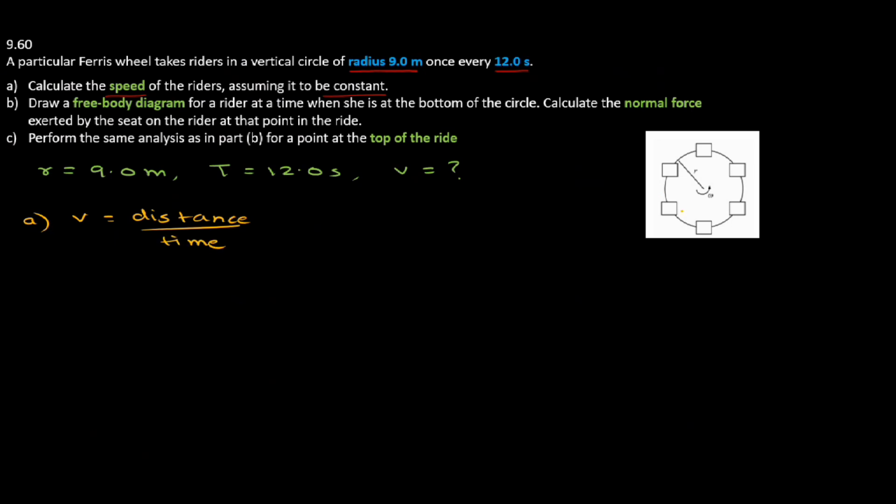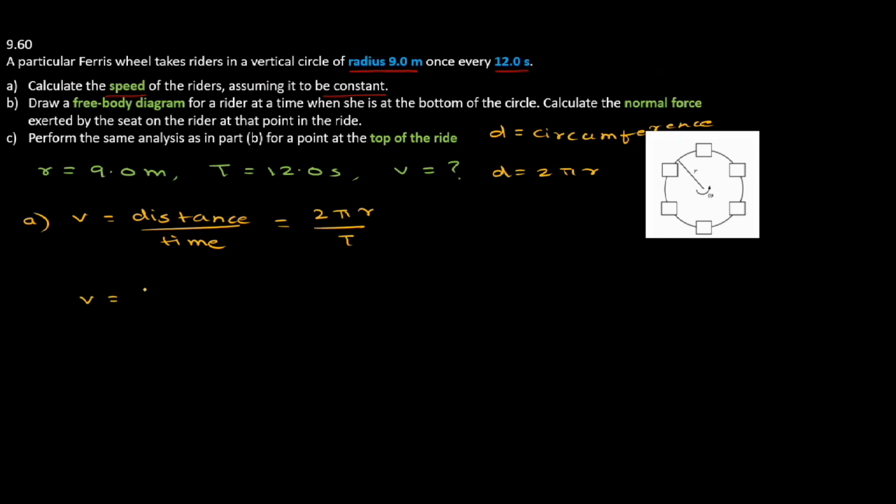And when we are moving along a circle, the distance that we travel d is equal to the circumference of the circle. And we can calculate the circumference by taking 2 pi r. So I will write the distance d as 2 pi r, and the time will be the time it takes to complete one revolution, which is T. So let's calculate v.